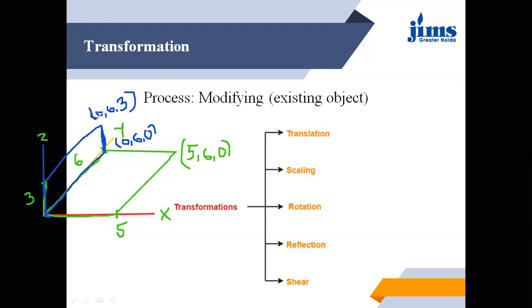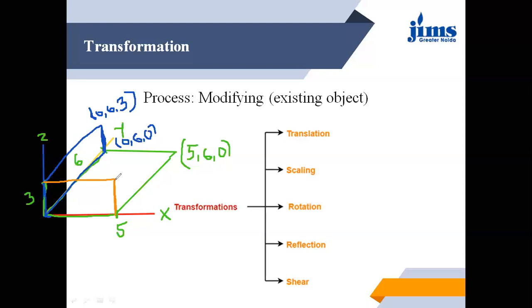If I want to draw the same on the x plane, this is the x plane, this is one line, and this will be another line of the object. The object will look like this from this side.